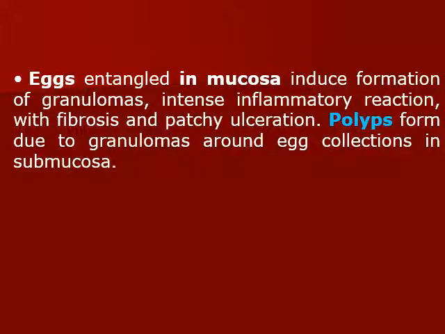The entangled eggs in the mucosa induce formation of granulomas, intense inflammatory reaction with fibrosis and patchy ulceration inside the viscera, whether the urinary bladder or the colon. Polyps form due to granulomas around the egg collections in the submucosa.